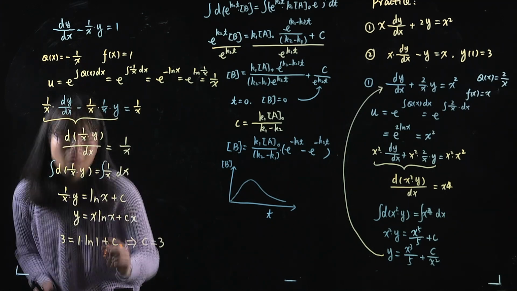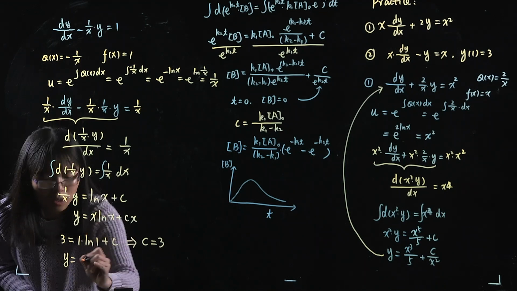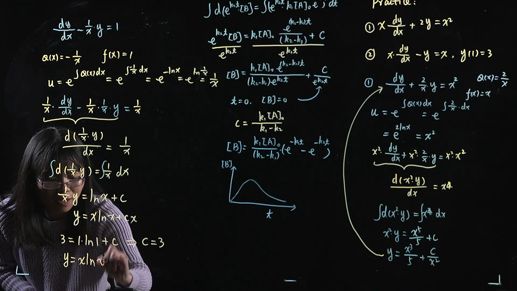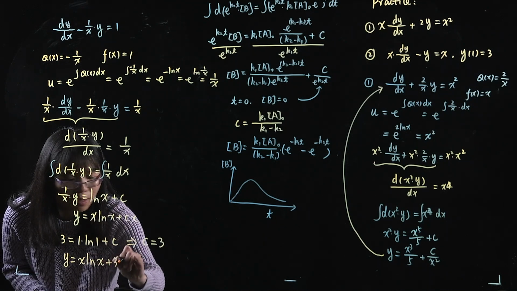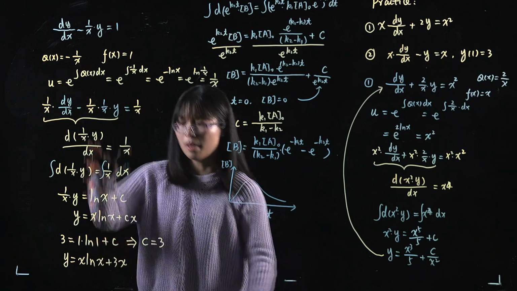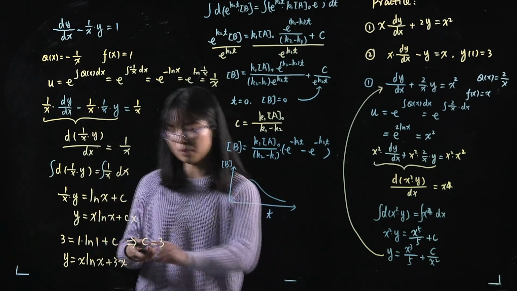Okay? Now we can plug the value of c into the solution, which will give me y equals x times log x plus 3x. Okay, so this should be the complete solution for this problem.